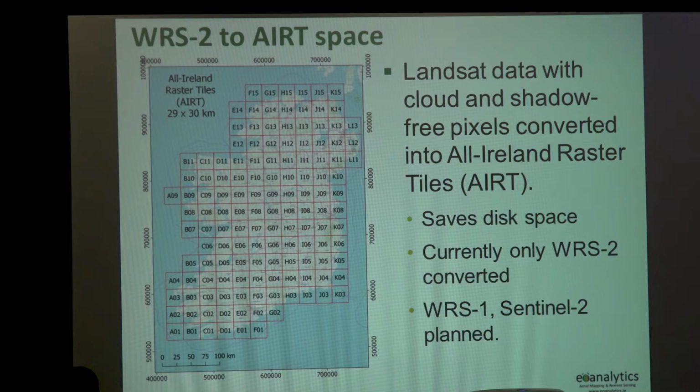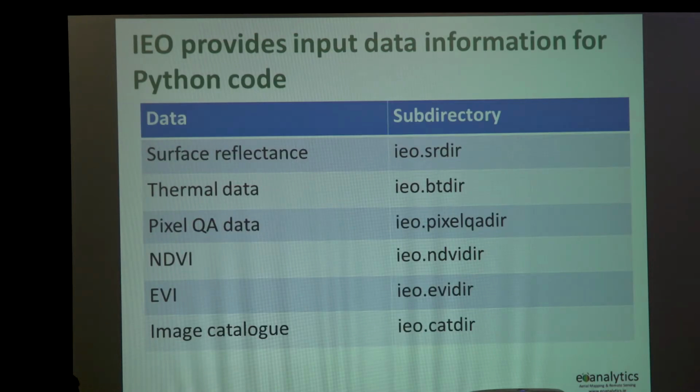It also eliminates anything that's completely either cloud or cloud shadow. And so that's one way to cut down on the amount of data that I actually need to save to disk. Currently, it only handles WRS2, which is Landsat 4 through 8. But I am looking into including WRS1, Sentinel-2, and other sensors as well. It also provides input data information for Python code.